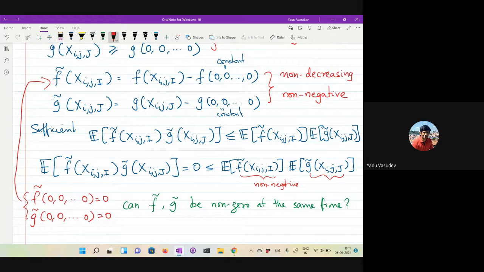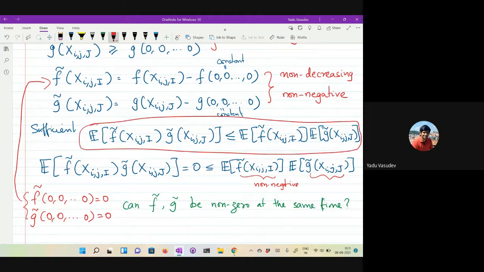So this will be at least 0. That's all that you have to see. So this shows that this inequality holds. It's based on the observation that this expectation must be 0. Any questions so far? Is this clear?